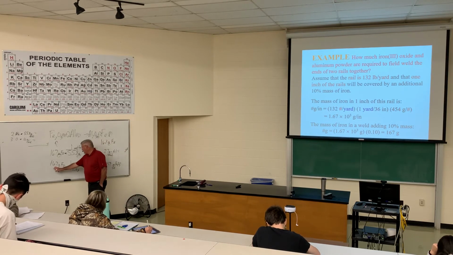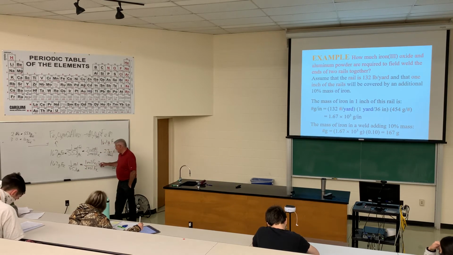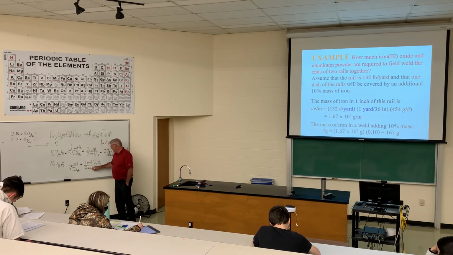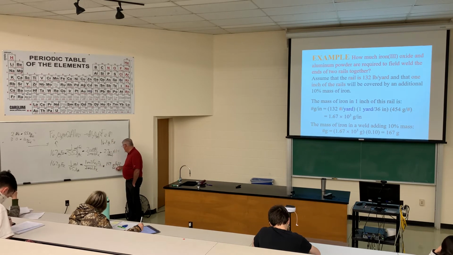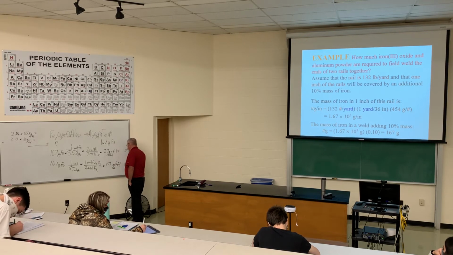So 167 grams of Fe times 1 over 55 grams per mole of Fe, and then once again our moles of Fe cancel, and moles of Fe2 cancel, and we now have grams of Fe2O3.